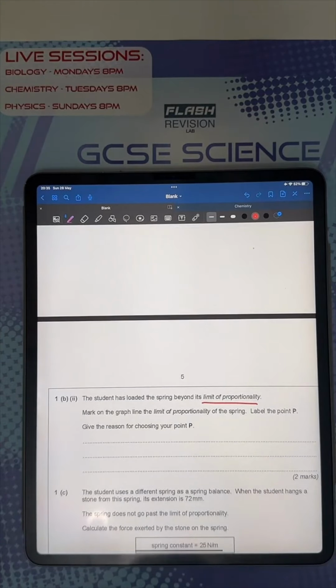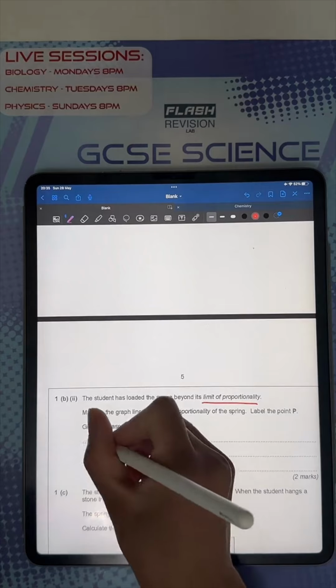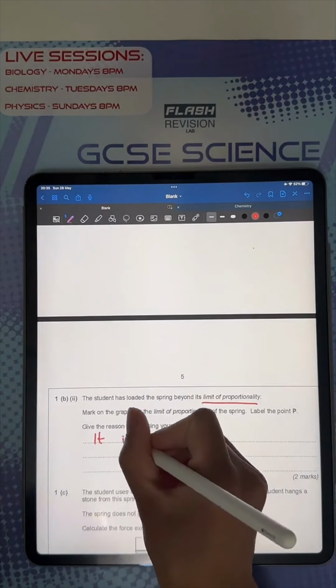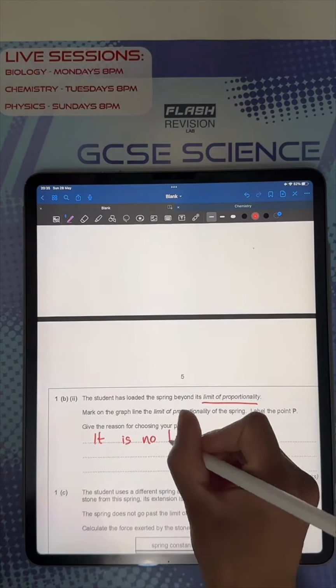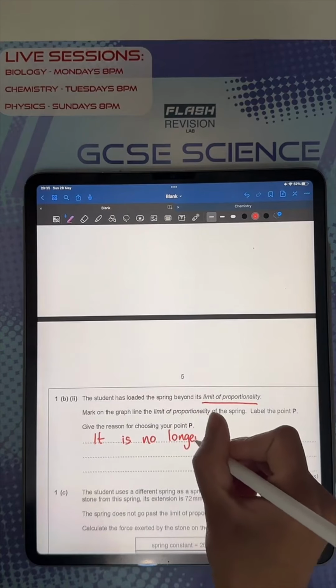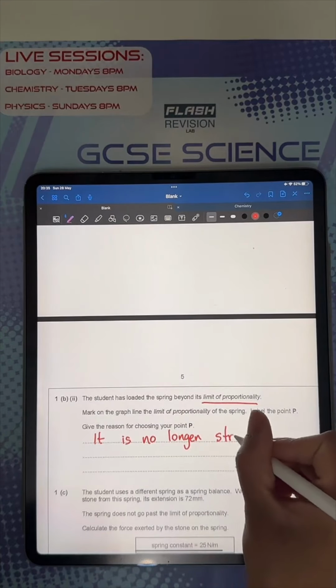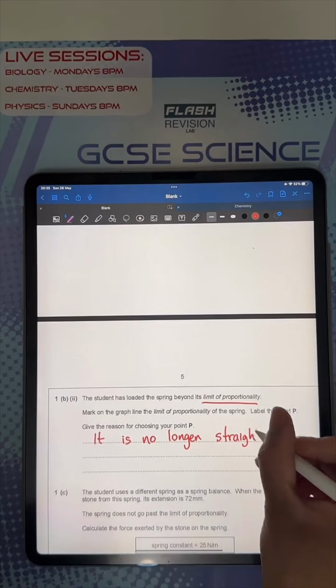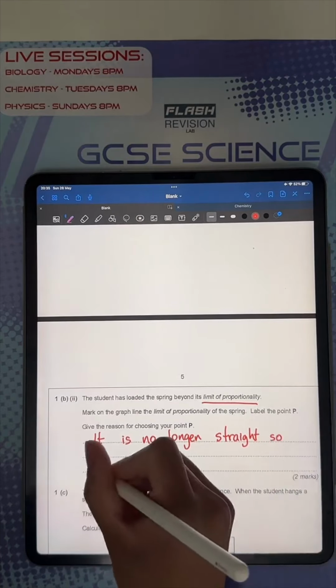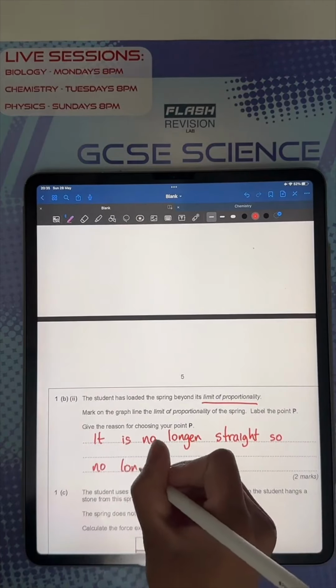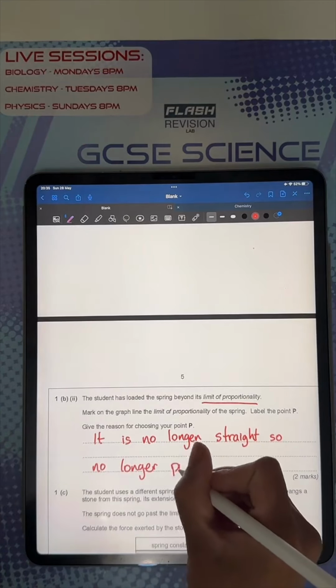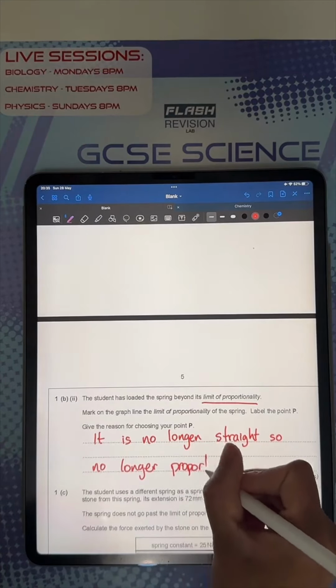You can say it is no longer straight. So no longer proportional.